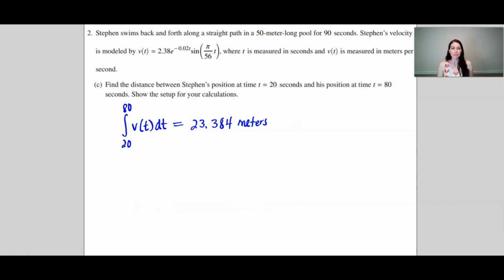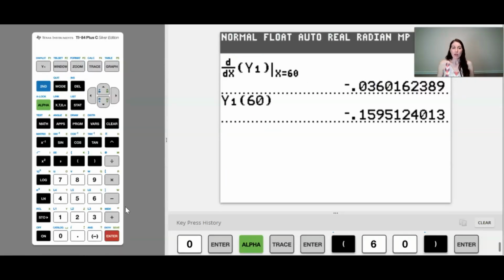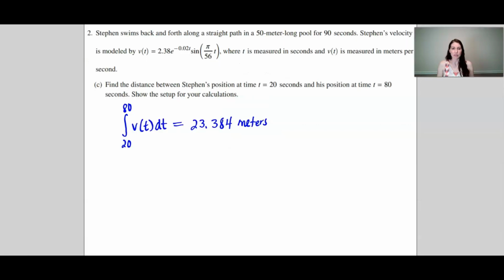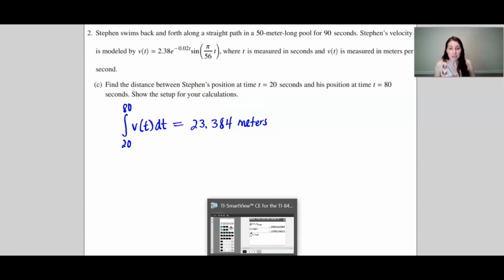Let's look at part C. Part C says to find the distance between Stephen's position at a time of 20 seconds and a time of 80 seconds. To find the change in distance, or displacement, you are finding the integral between those two time values of velocity. And for that, once again, I just use the calculator. Velocity was under my y1, so with a simple math 9, I can go from, let's see, it wasn't 0, it was 20 to 80.